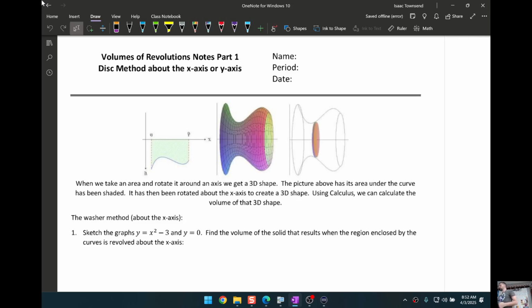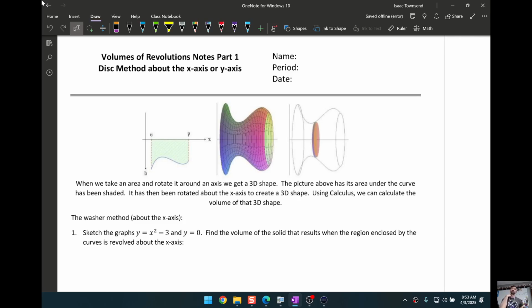Okay, so 104, the front page here. This is very similar to what we did last class. It's just that the three-dimensional shapes are being created in a different way. Last class we talked about adding an infinite number of two-dimensional areas that makes a three-dimensional shape.